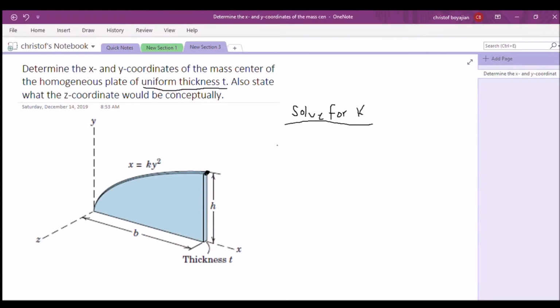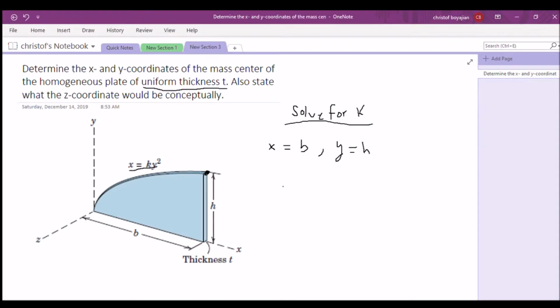I know I stated that, but it's good that I write these things as well. All right, so let's suppose that x is equal to b and y is equal to h, right? That's one of our coordinates. We have our x coordinate b and our known y coordinate h. So we're going to just substitute that into our equation right here, x equals ky squared.